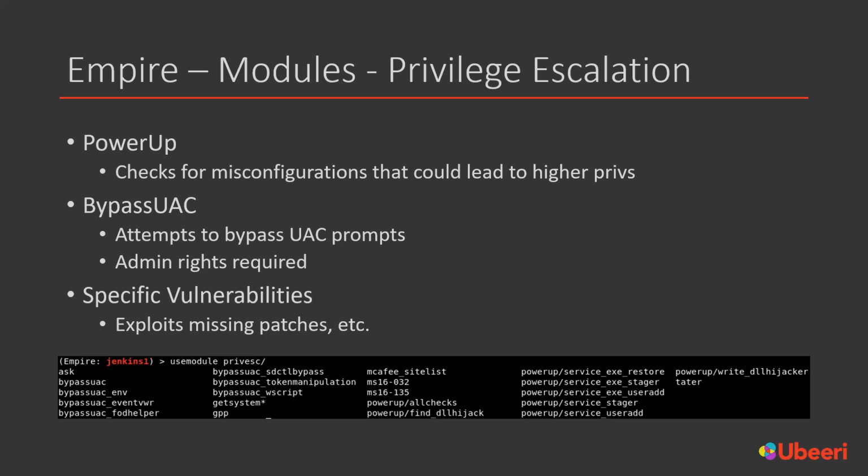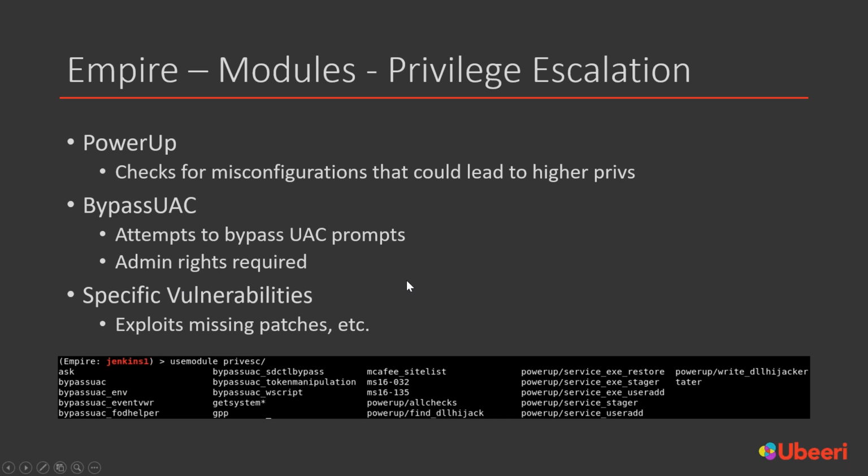PowerUp is another external PowerShell tool that's going to check the local host for a bunch of different misconfigurations that might allow you to run something with elevated privileges. Bypass UAC is a module that, if you already have admin rights but your agent isn't running with admin privileges, will try to give you those admin privileges by bypassing the little prompt that shows up whenever you try to run something with higher privileges on your laptop.